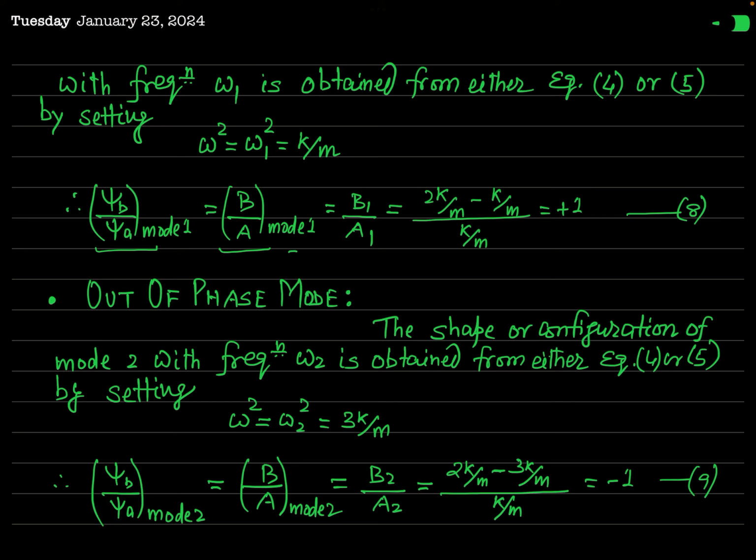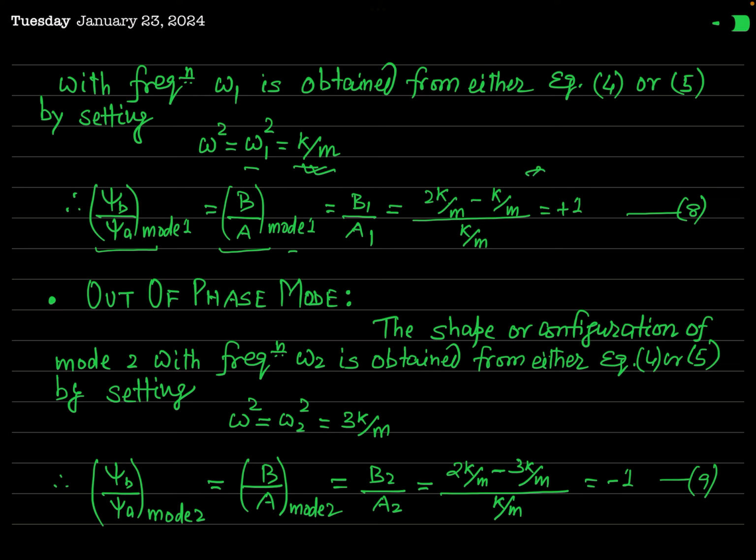And for getting its value, as I have told you earlier, we will put omega 1 square, which is equal to k by m, at the place of omega square in equation 4. So you can see this will be equal to 2k over m, minus omega square. Now omega square will be replaced by k by m in case of first mode. So this is 2k by m minus k by m over k by m.